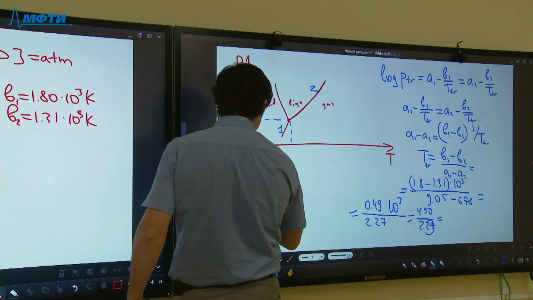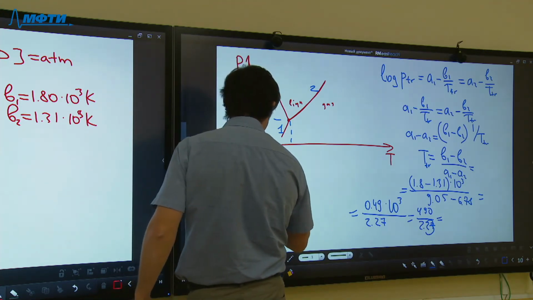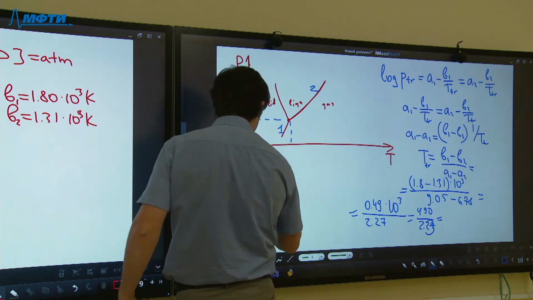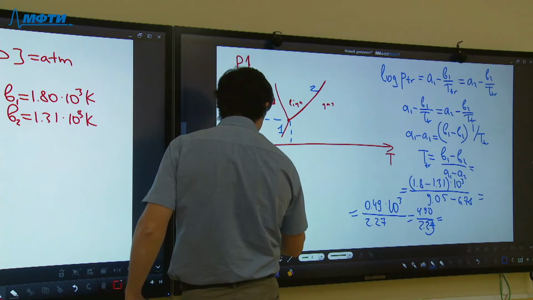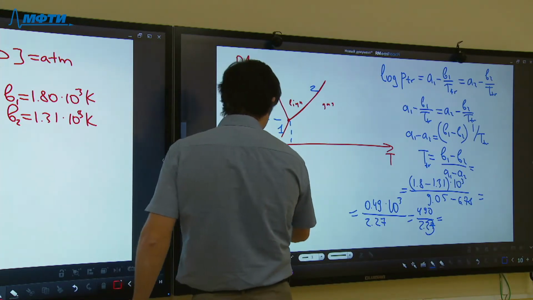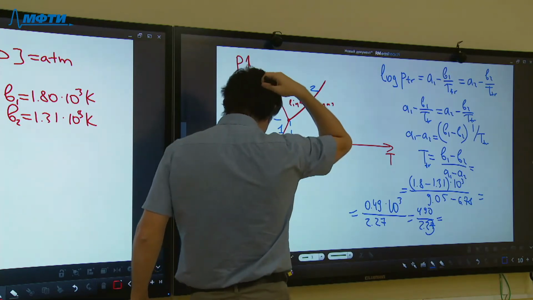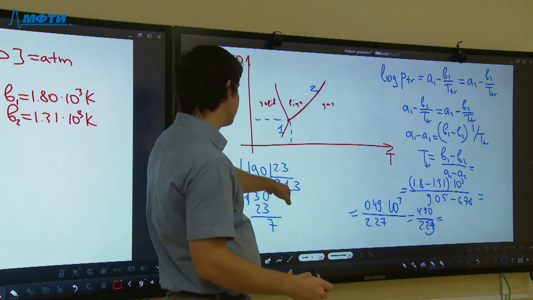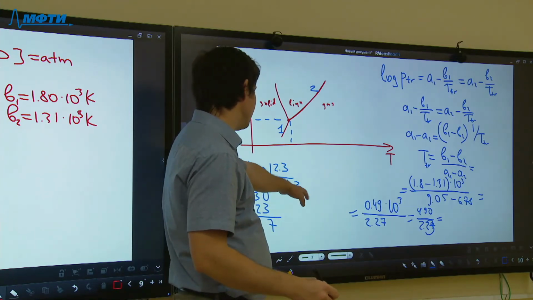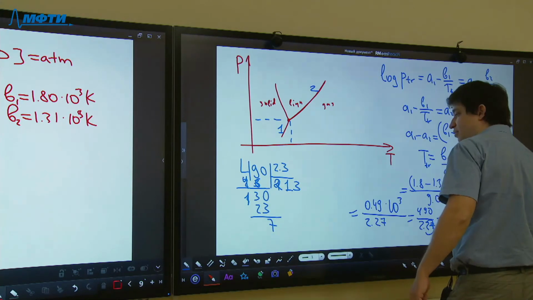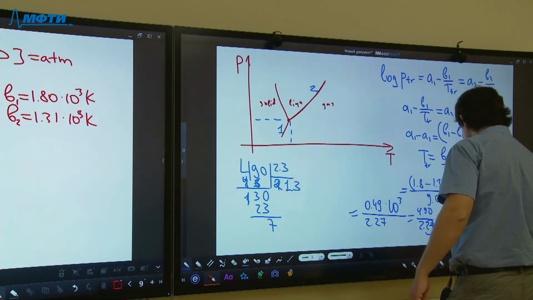So what remains here is 3. I add this 0, so this would give me again 1. What remains is 7, and I can just go with 3, and I think 213 would be a good answer for this problem. 213 Kelvin.